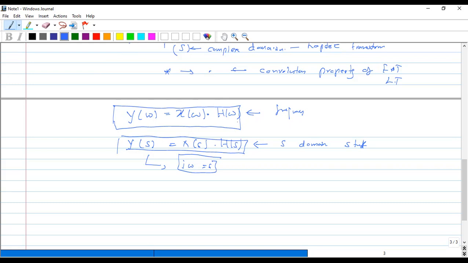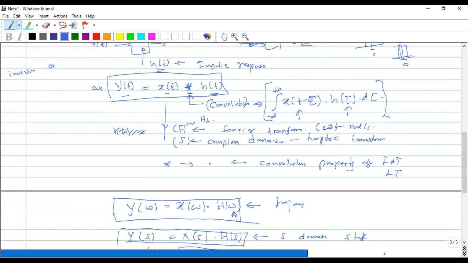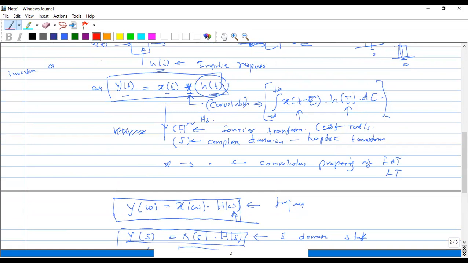When we are talking about the frequency domain or S domain, this has another name. In the time domain, we call it the impulse response.